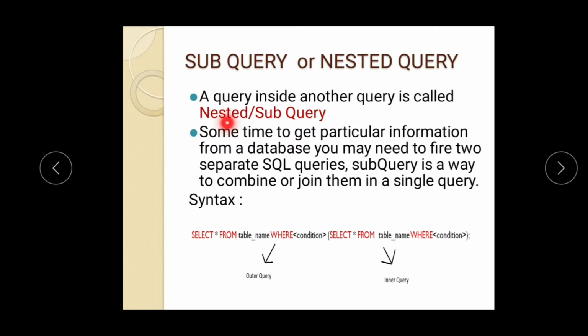In nested loops, we all know that inside one loop there will be another loop. Similarly, inside one query we will be placing another query. So that is called a subquery or nested query. Sometimes to get particular information from a database, you may need to fire two separate SQL queries.